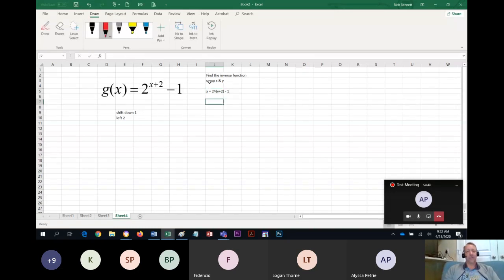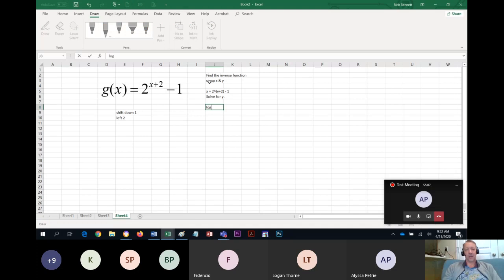So how do we solve that? At this point we need to solve for y. I'm going to have to hurry since we're out of time here. Any quick ideas? This one's going to be really hard to do up here.